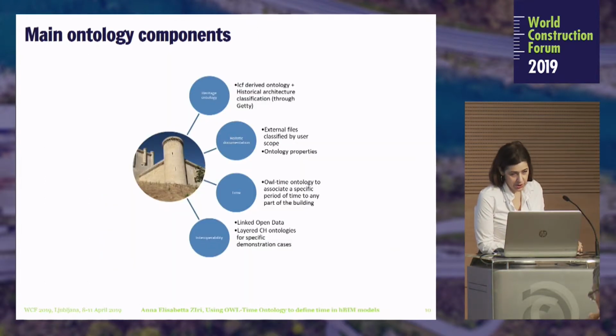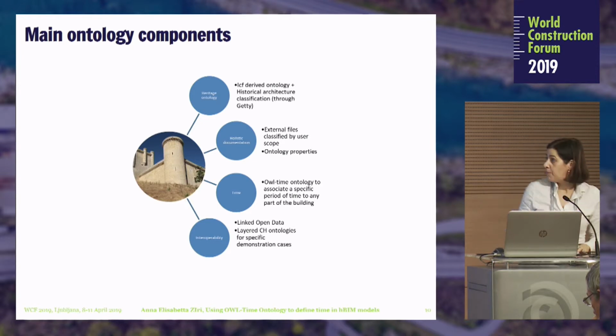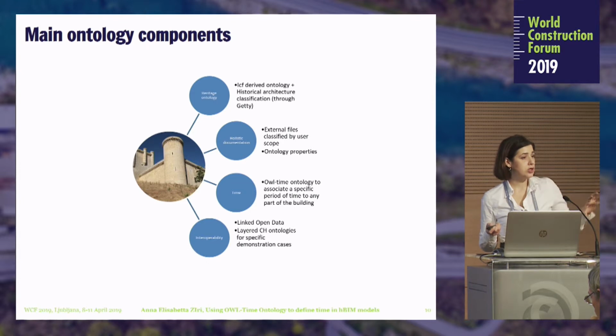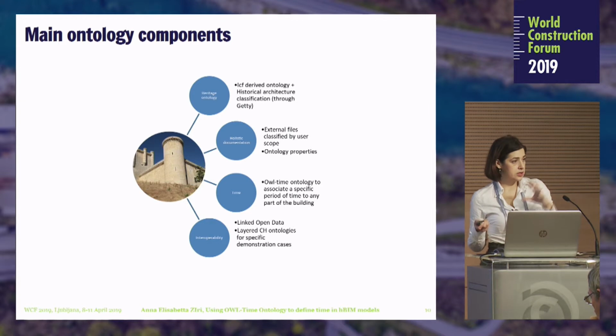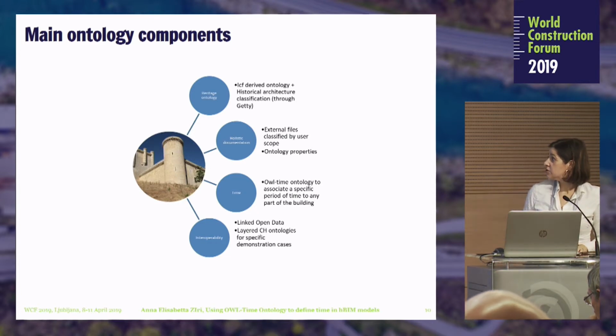These are the main components in Inception of our ontologies to achieve this goal. So we have external files, images, videos, audio files, everything. And we also have ontology properties. We can write directly what this part of the building is about. We have the part that comes from the 3D modeling, the IFC part, which is translated into an ontology.